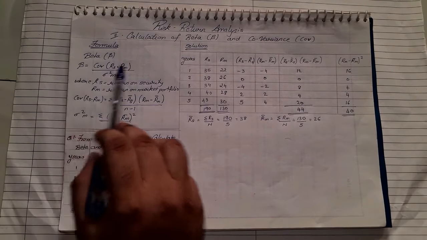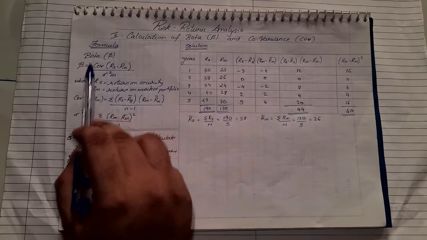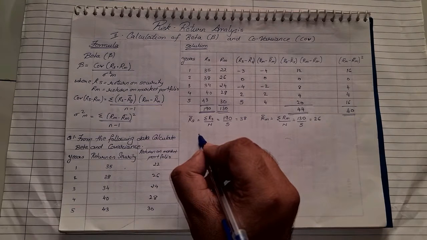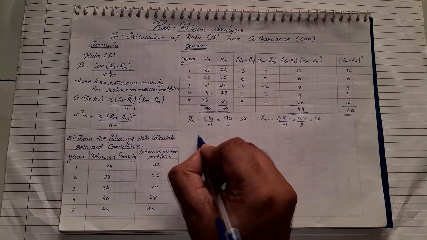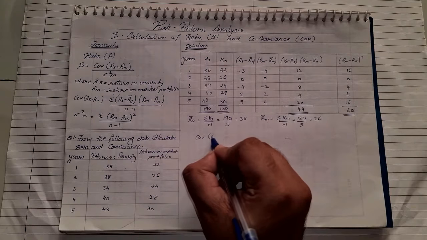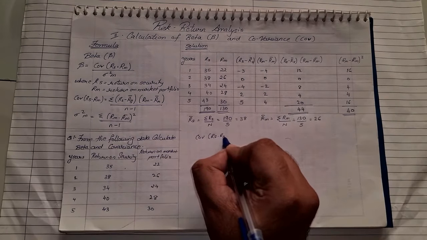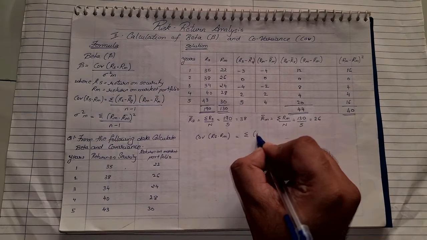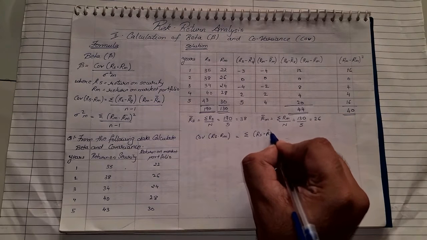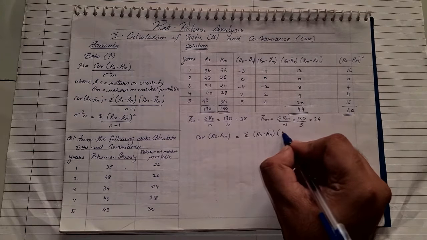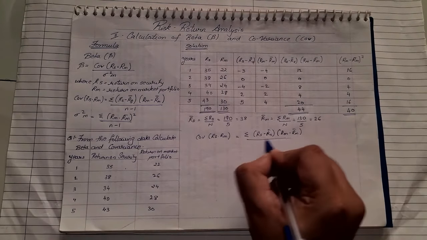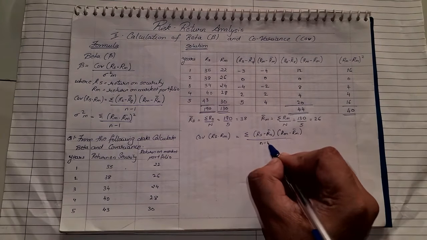Now in order to get beta, first I need to find the covariance, because the numerator stands for covariance. So first we will find the covariance. The covariance formula we'll first note down. Covariance is nothing but RS into RM, the formula for which is summation of RS minus R bar S into RM minus R bar M upon N minus 1.